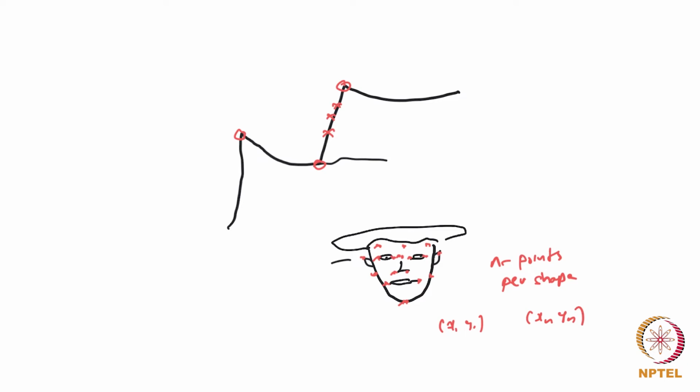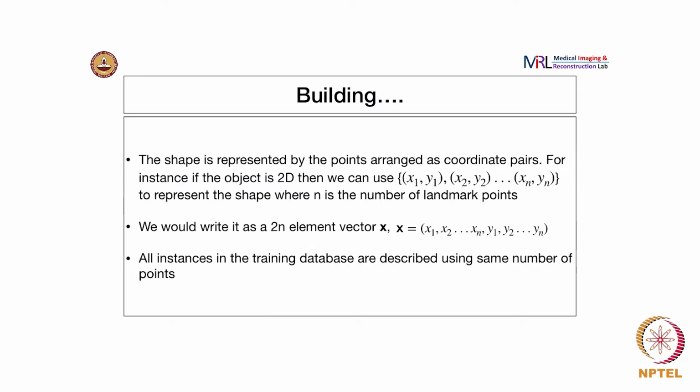Then all shapes in your database, your so-called example data or training data, you need to have n points annotated on them, and they should all correspond to the same landmark. So that's the idea.